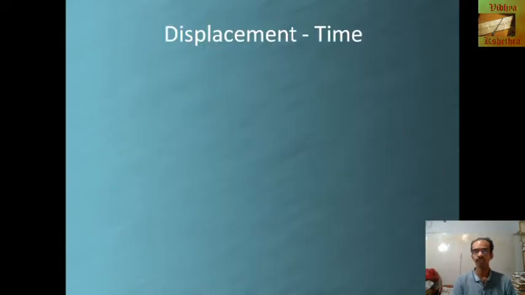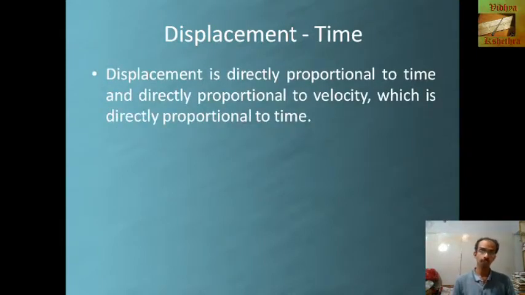Now this is the second equation of motion connecting displacement and time. Displacement is directly proportional to time and directly proportional to velocity, which is directly proportional to time. That is, velocity is directly proportional to time and displacement is also directly proportional to time and also to velocity.